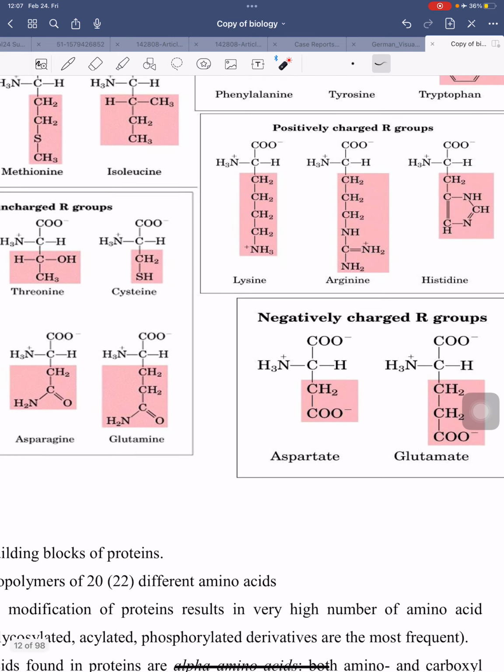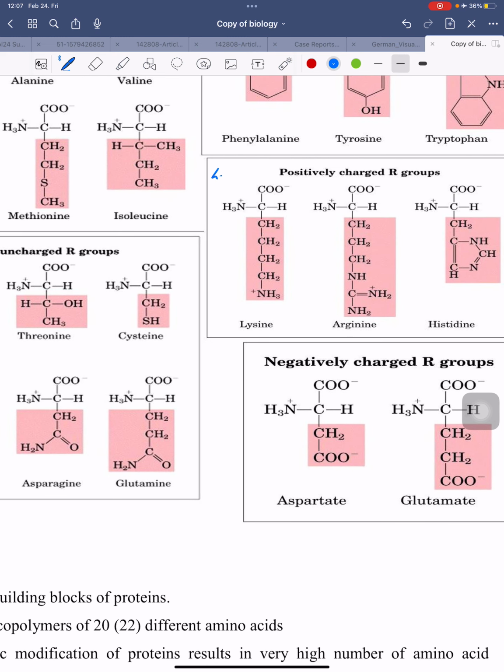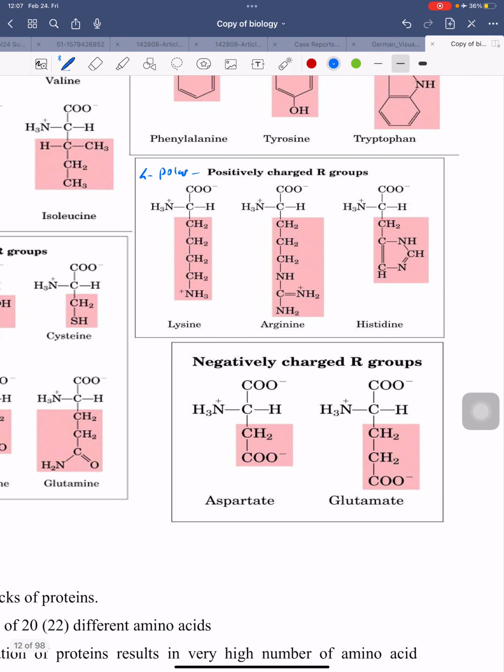Then we have the fourth group, again polar, the positively charged R group, which we can also call basic because they have an amine group, like lysine, arginine, and histidine.